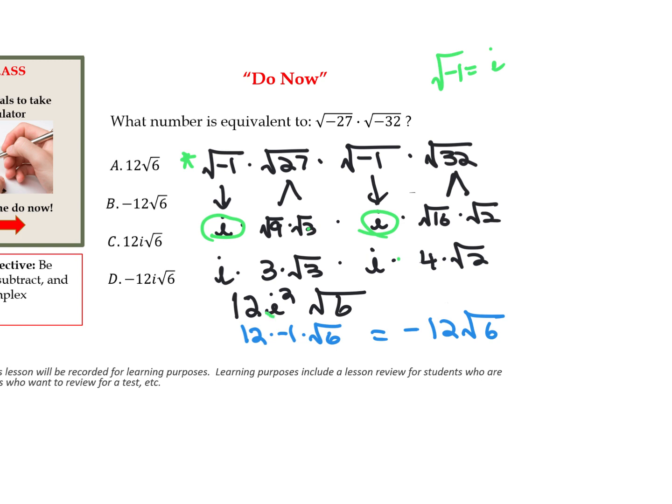I cannot leave an i in an answer that has an exponent larger than 1, so I know by definition that i squared is -1, and I replace it and multiply to get -12 times the square root of 6.